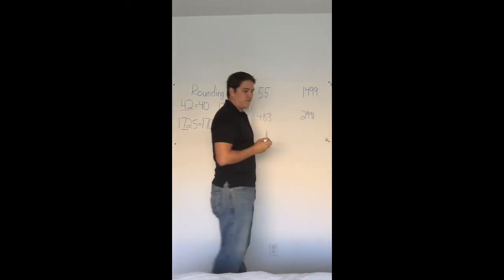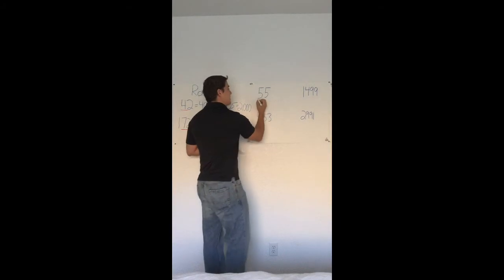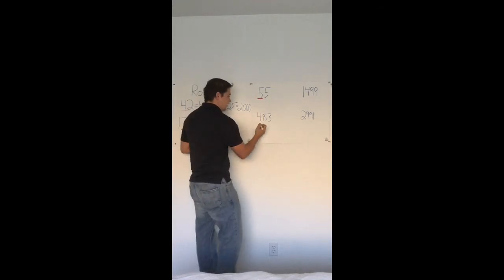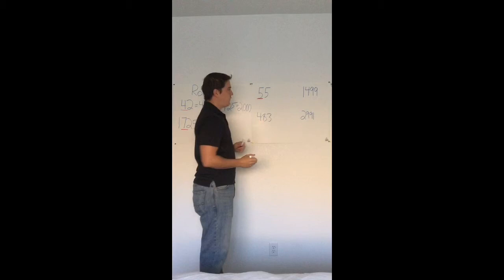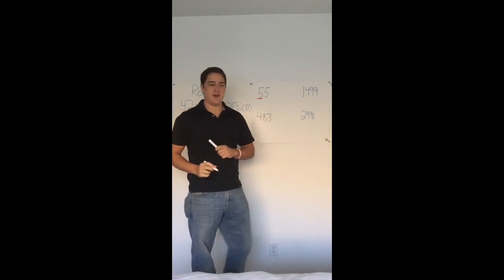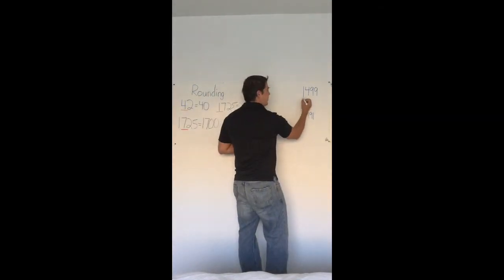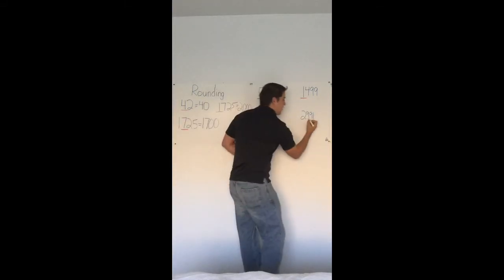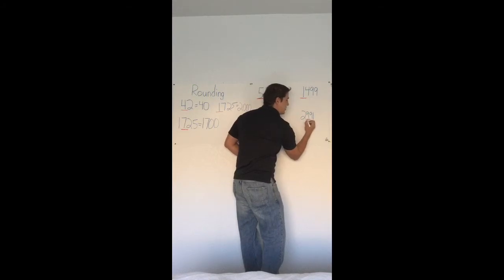All right, for 55, I want you to round to the tens place. For 483, I want you to round to the hundreds place. For the 1,499, we're going to be rounding to the thousands place. And for the 2,991, we're going to be rounding to the hundreds place.